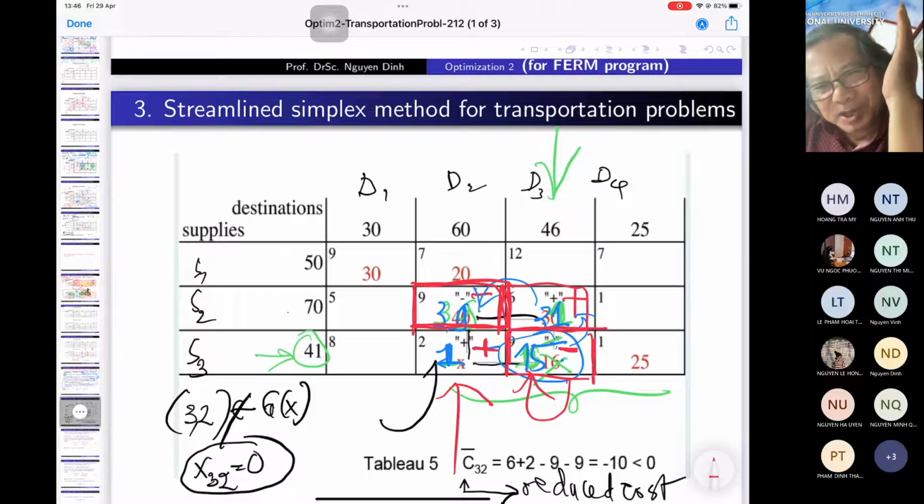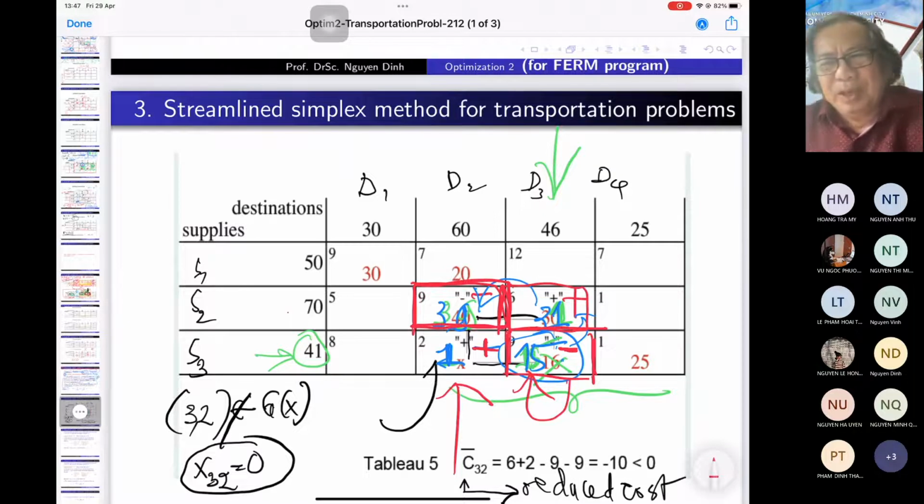And how much is the change? What will be changed together with the flow? In other words, the flow is changing, and then what will change together with it?